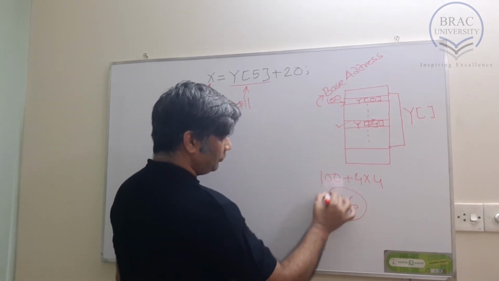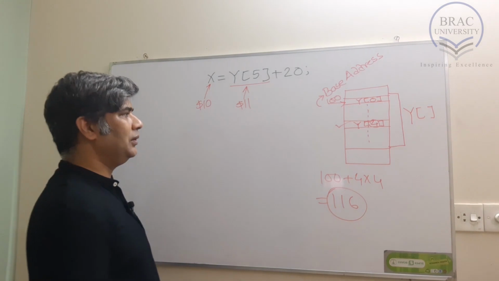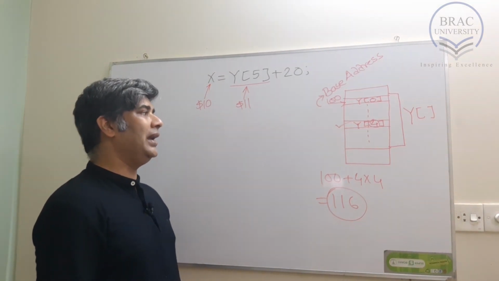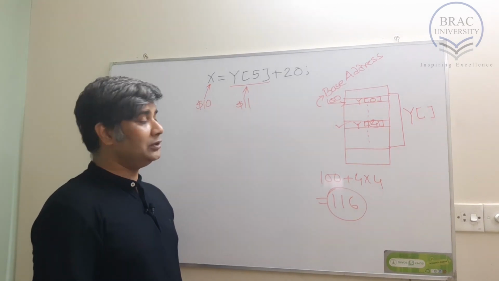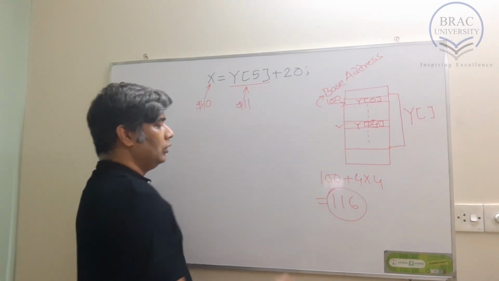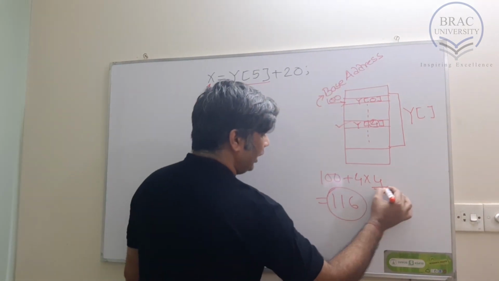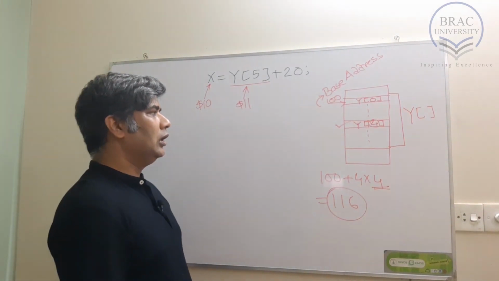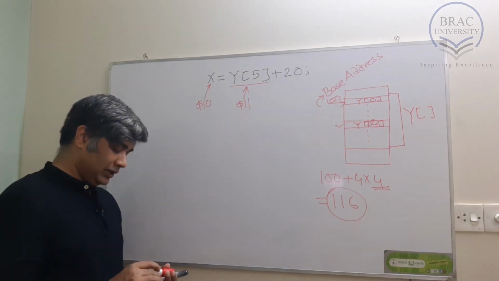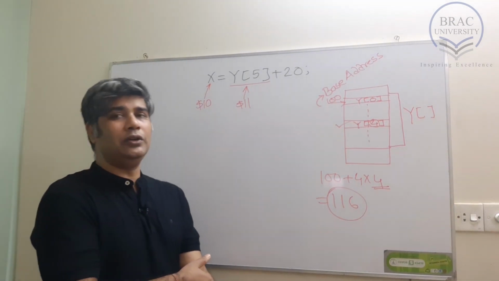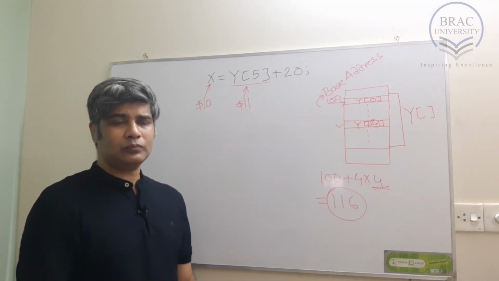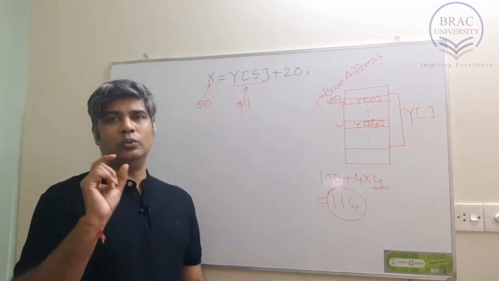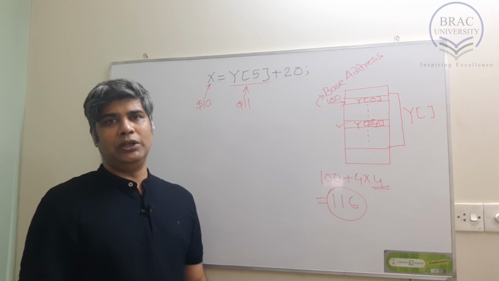That means the 116 memory address is the starting memory address of array element 4, that means y[4]. Now, why did I multiply this by 4? Because we have already discussed in our previous video lectures that for any element we assign one word size of memory.